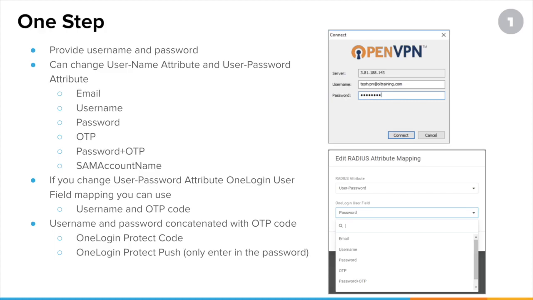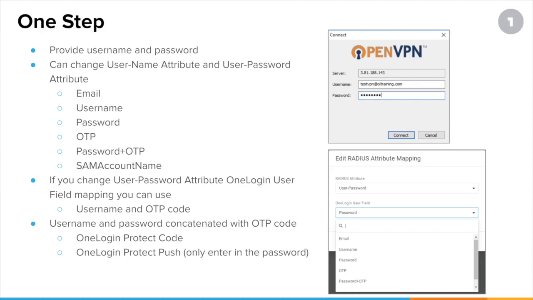If you're using OneLogin Protect as your authentication factor, you can actually use OneLogin Protect's push notification by mapping the user password attribute to password plus OTP. The push notification would be sent when you're prompted to log in and only type your password in the password field.